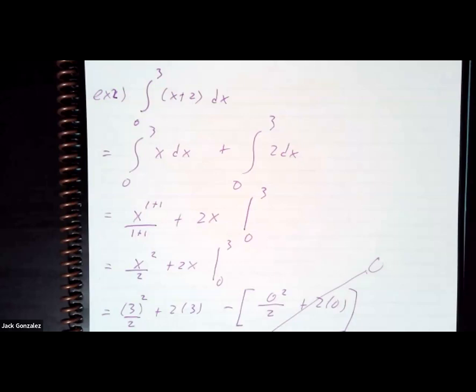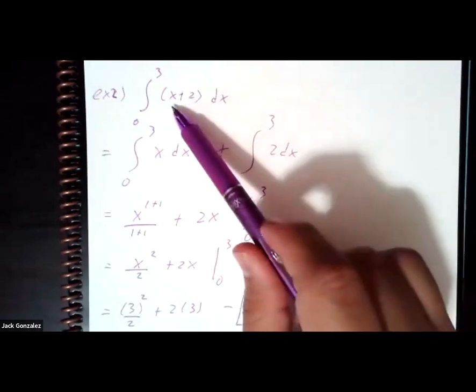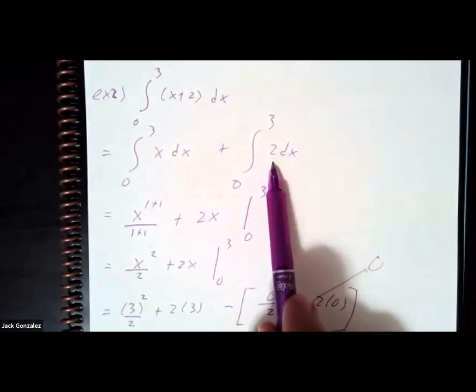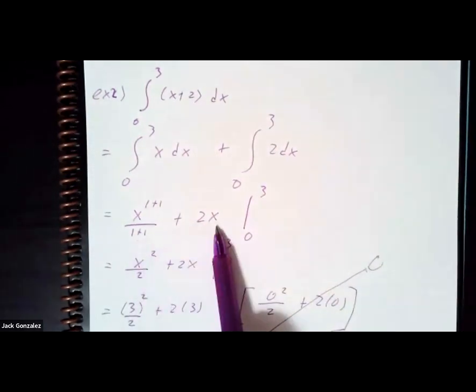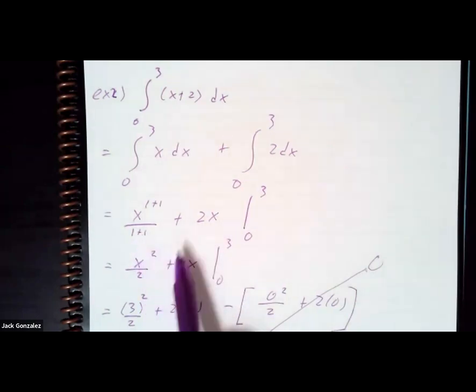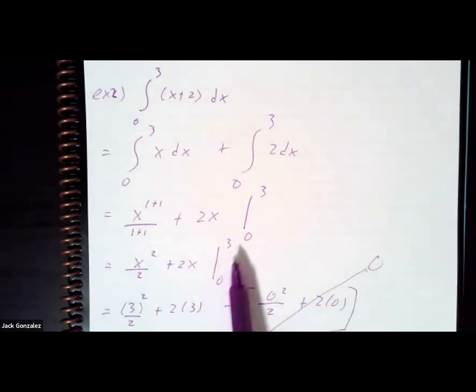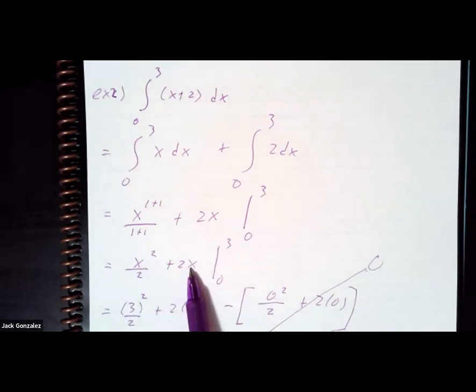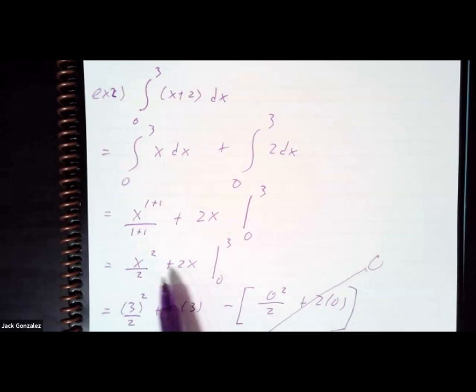This is the gist, right? You integrate each term. Once you have the antiderivative, you plug in the upper bound first into the x's, and then minus the lower bound into these x's here.